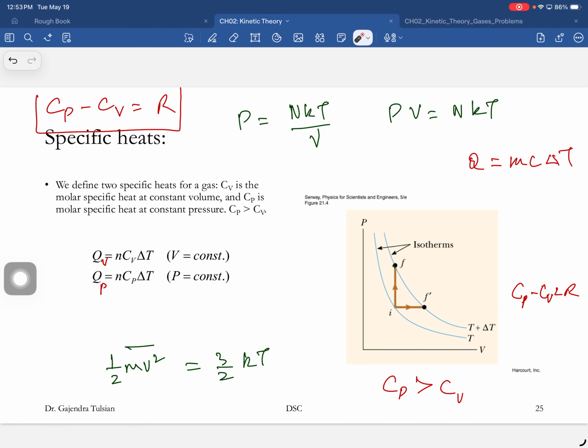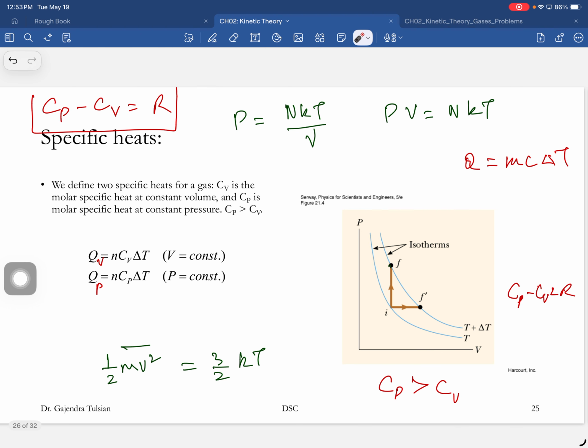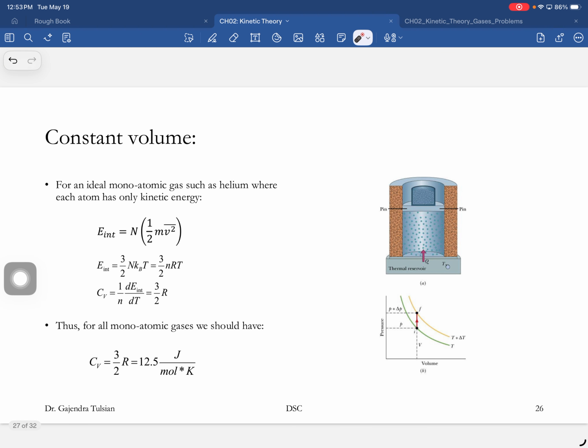Cv, where does it come from? It's the heat per delta T. If you have 1 mole of gas and you raise the temperature by 1 degree Kelvin, that's how much heat you need. When you're at low temperatures, Cv is 3/2 R, meaning the degrees of freedom is 3.